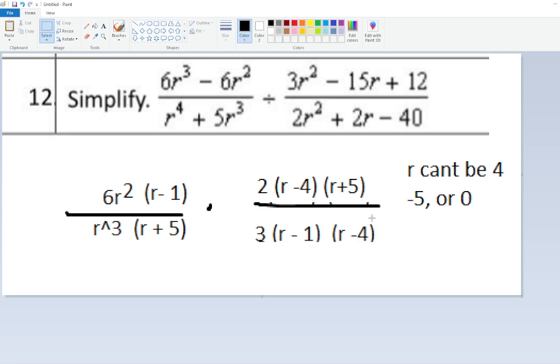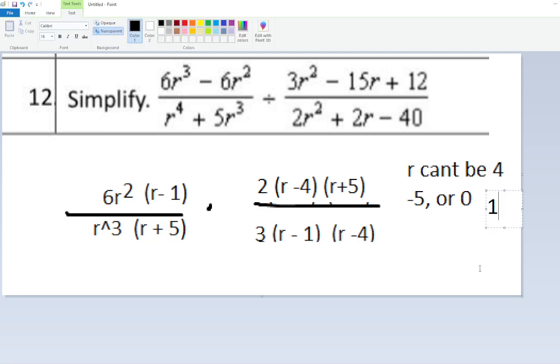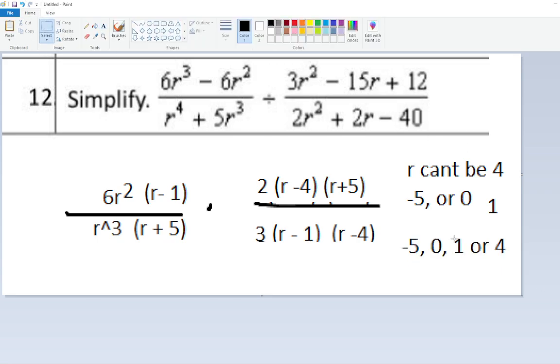Like that. Now we have to look for restrictions again. R can't be 1, R can't be 4. R can't be 4 is already there. So all we add is can't be 4, 0, or 1. And you would put that in order: minus 5, 0, 1, or 4. That's what R can't be. And then you put your restrictions aside, and then you work on cancellation.